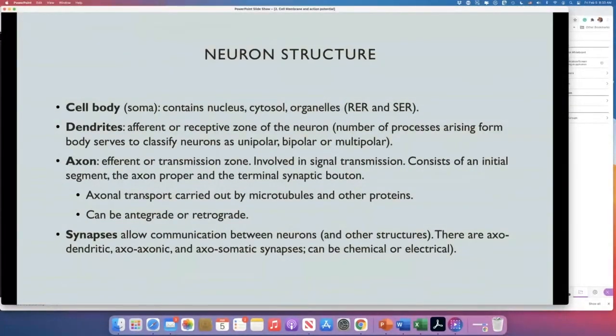It contains the initial segment, which is the hillock, and then the axon, the proper extension, and the terminal synaptic button or axon terminal. And there is a transport of neurotransmitters that is very interesting when you learn about it.